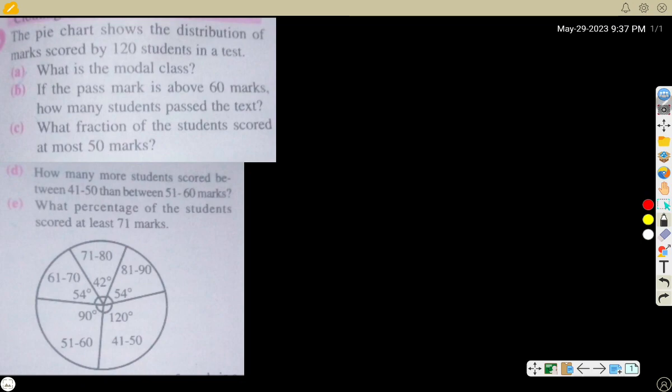All the degrees we have here, let's turn them to number of students. Since we have 120 students, let's turn all the degrees to students. In this pie chart, note that 360 degrees, remember, is a circle.